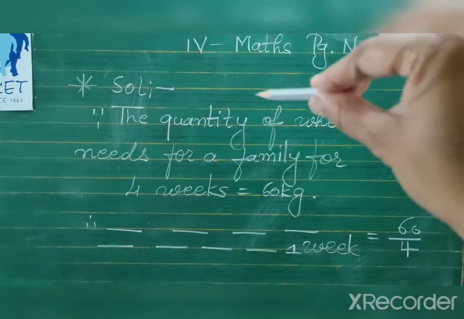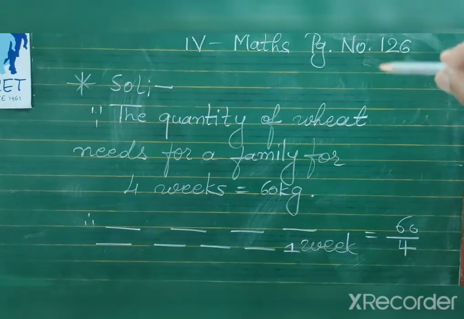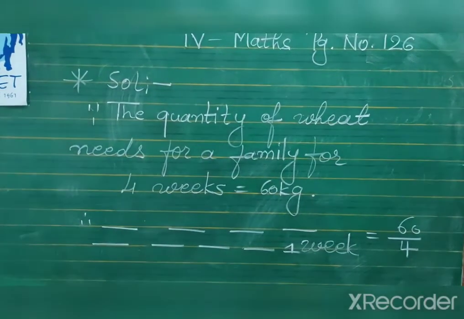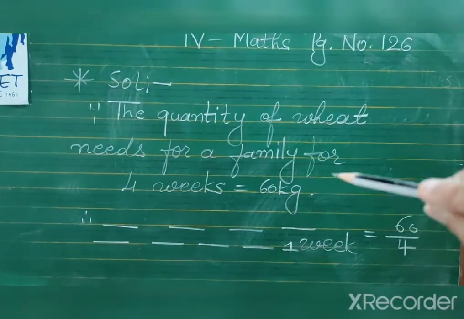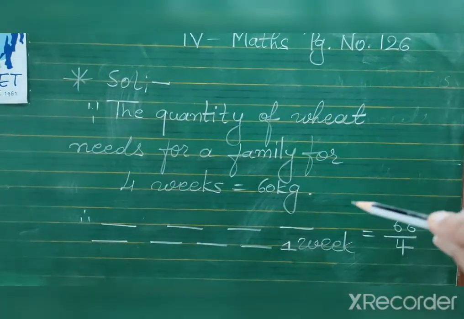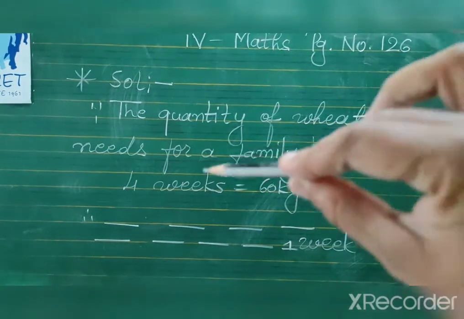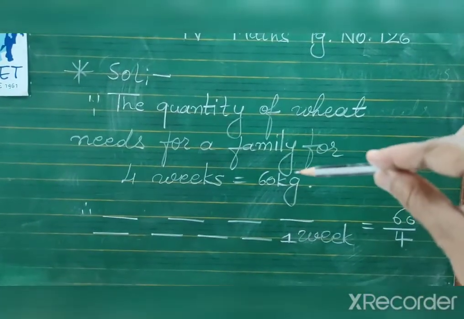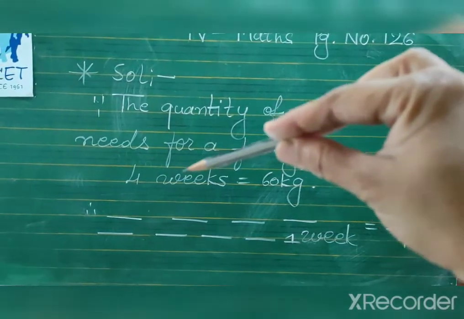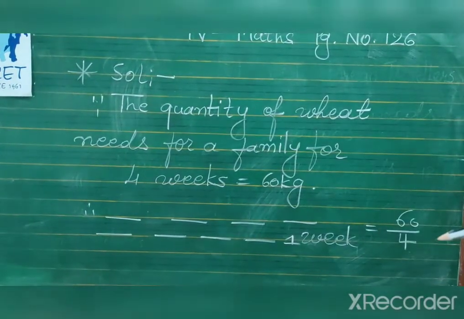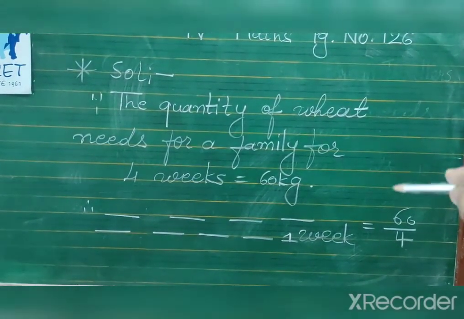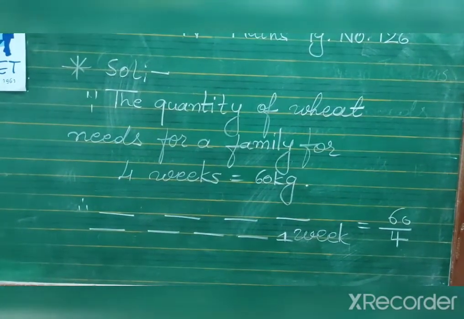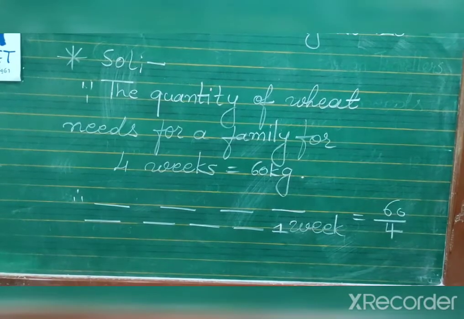Okay, 4 weeks form a month. Then you will write the quantity of wheat a family needs for 4 weeks is 60 kg. The quantity of wheat a family needs for 1 week is equal to, this number you will take in the numerator, this you will take in the denominator, and then show the division method inside, and whatever answer you get you will write.